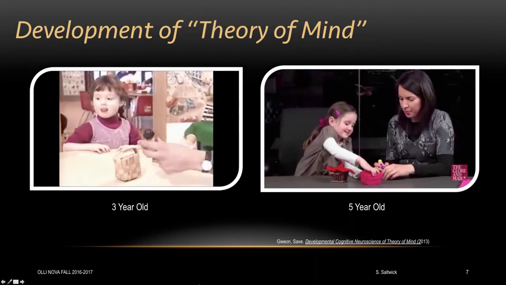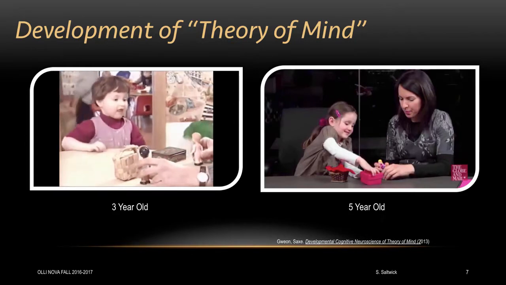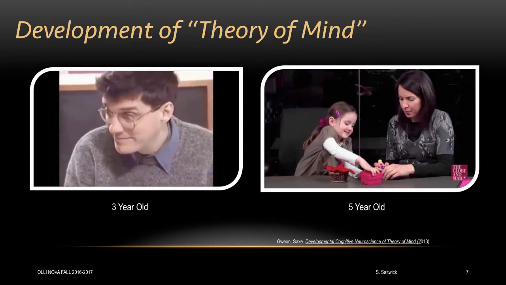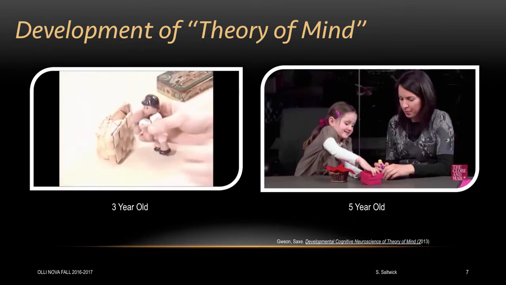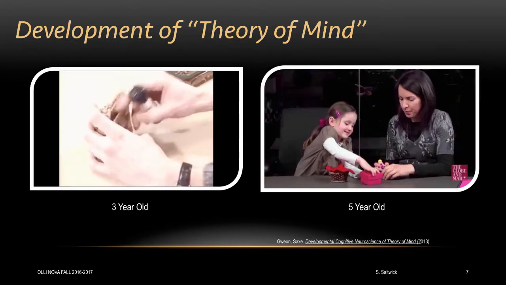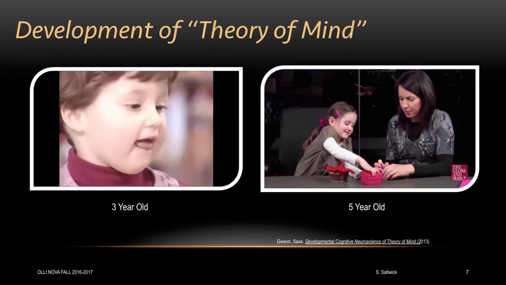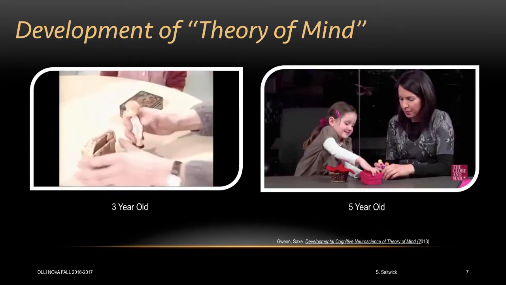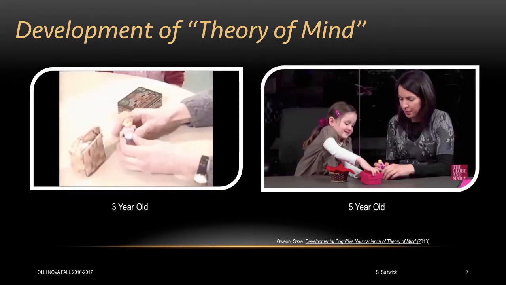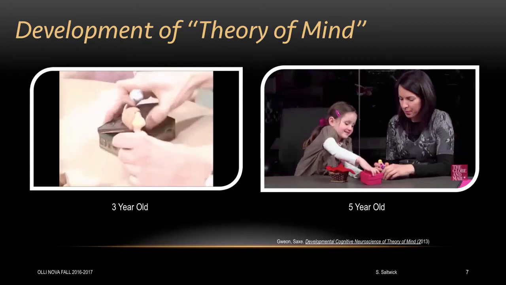This is Sally, and this is Anne. Now, Sally comes in with her marble. Sally puts her marble into the basket and goes out. Anne comes and gets the marble, and she puts the marble in the box.